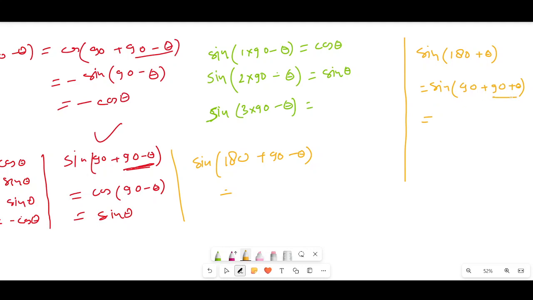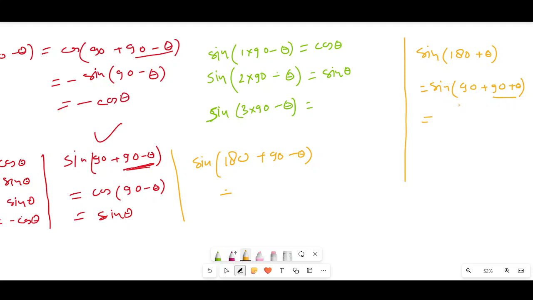If you consider theta as a small angle, sine 90 plus theta is cos theta. If you add 90 plus theta, you are entering the second quadrant, and the sine function is positive in the second quadrant.